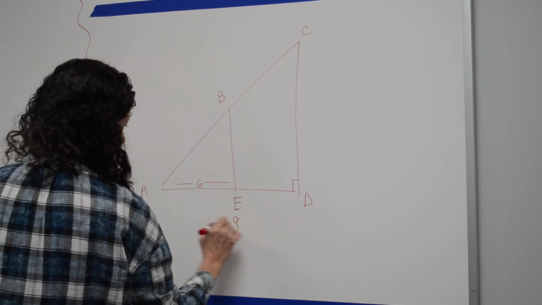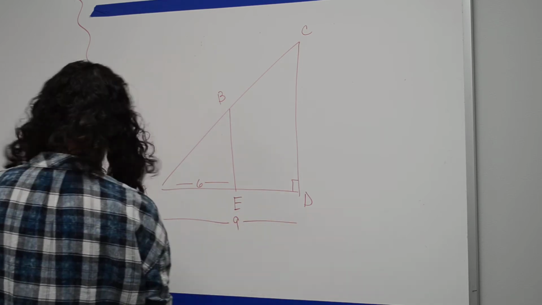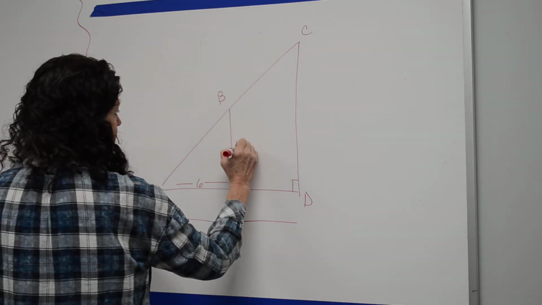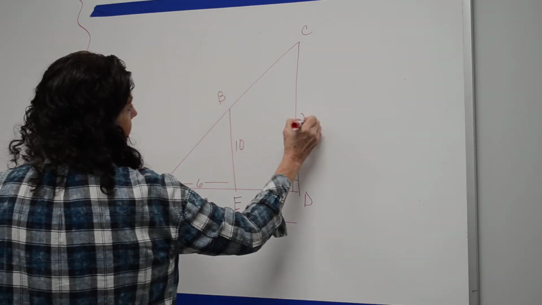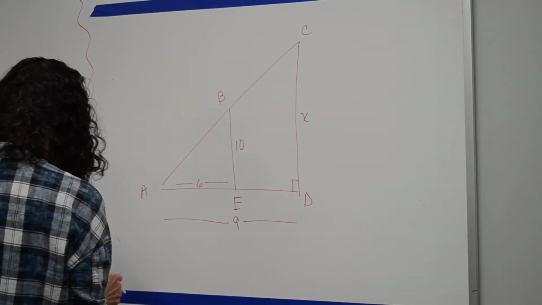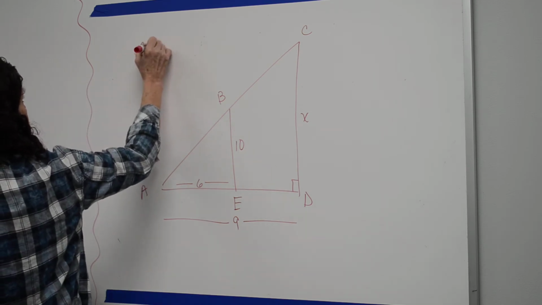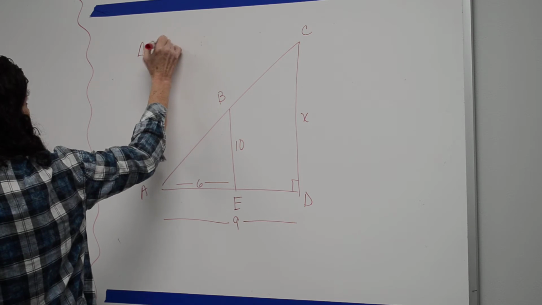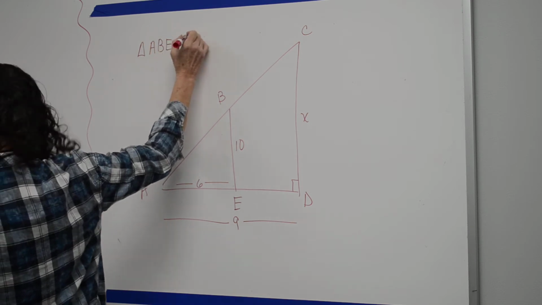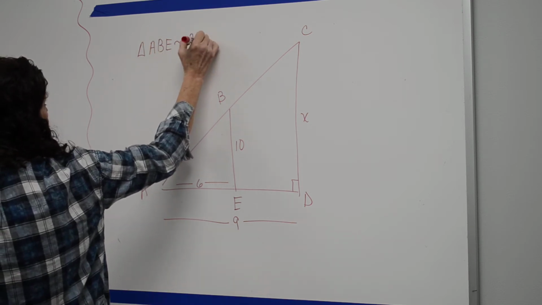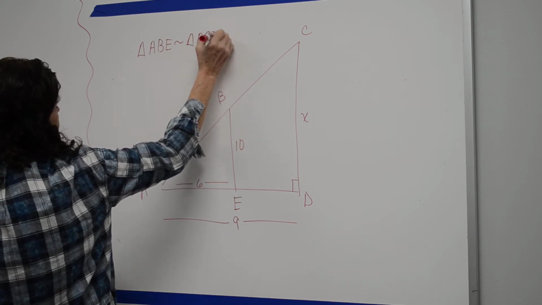I know the distance all the way across here is 9. I know this is 10, and I'm trying to find that. They also have told me that triangle ABE is similar to triangle ACD.